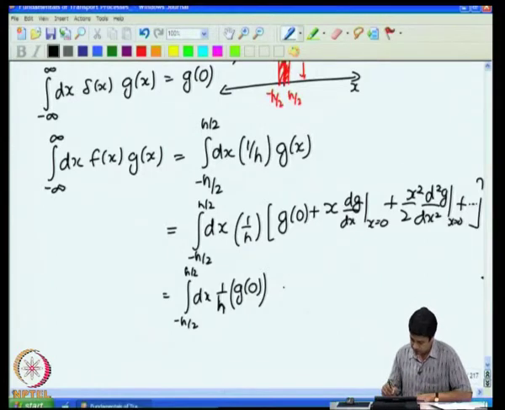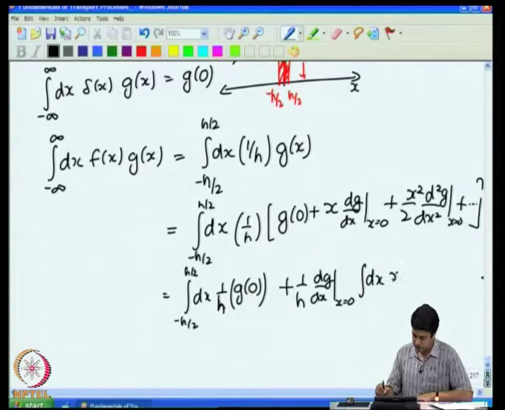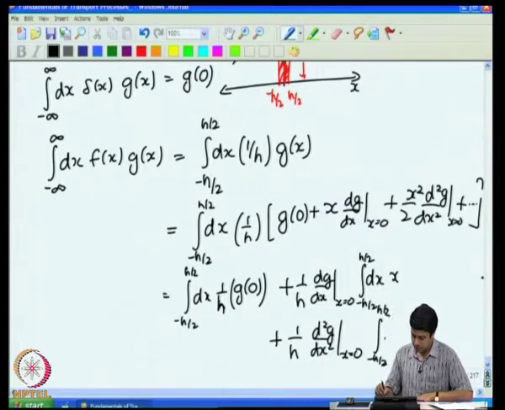Plus the second term: 1 over h is a constant, dg by dx evaluated at x is equal to 0 is a constant, integral dx times x, plus the third term will be 1 over h d square g by dx square at x is equal to 0, integral dx times x square.